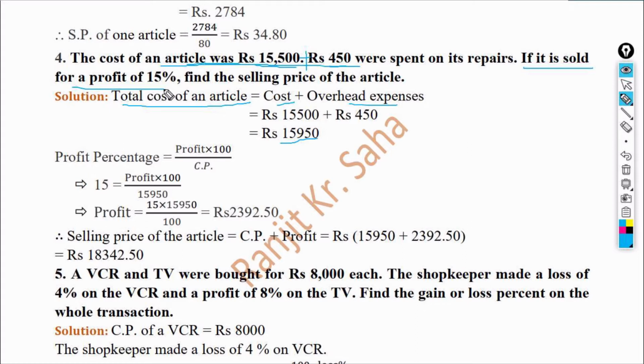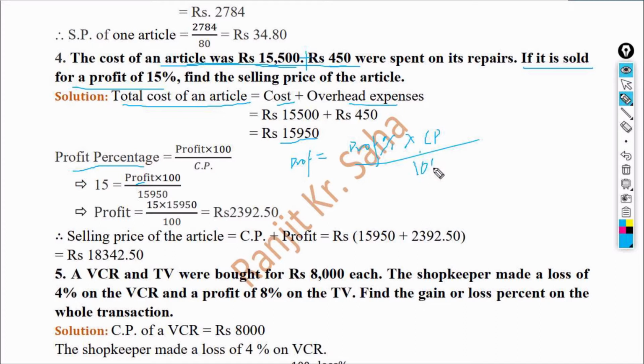Now in the next part, if it is sold for a profit of 15%, here it is given that he is gaining 15%, then it is very simple. First of all, since the percentage gain is given, you have to find the profit. Using the formula, profit equals profit percent into CP divided by 100.